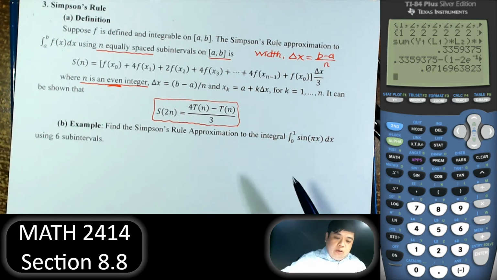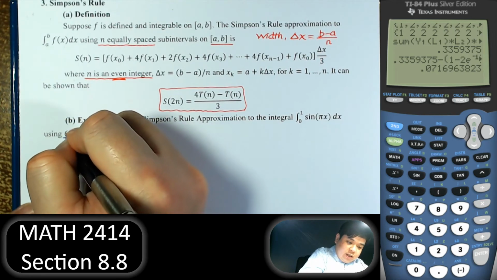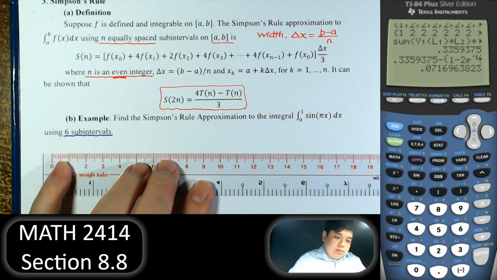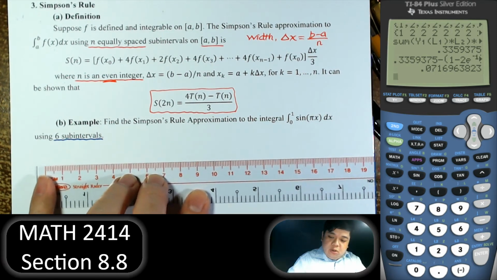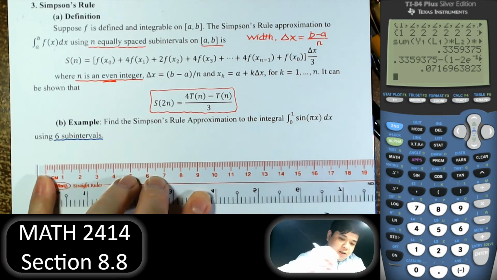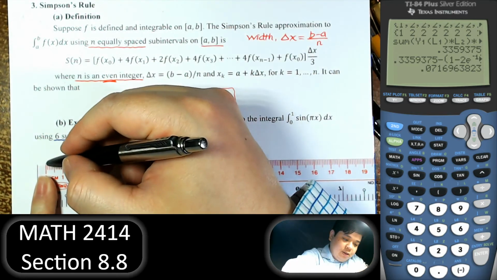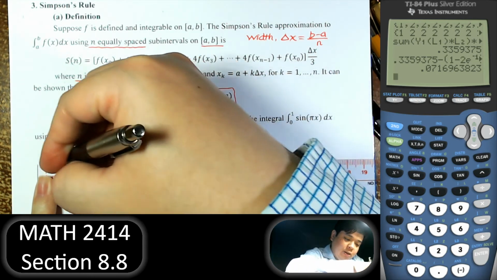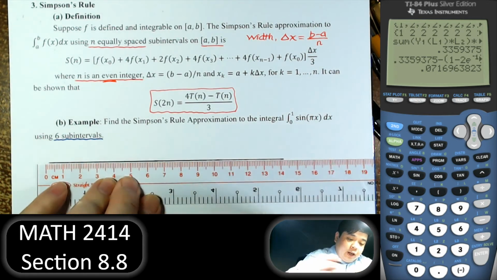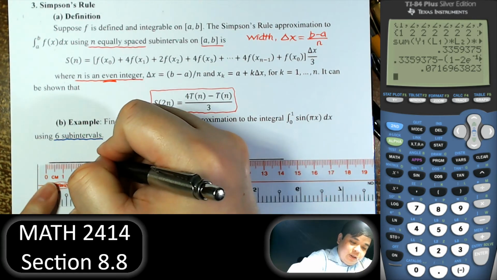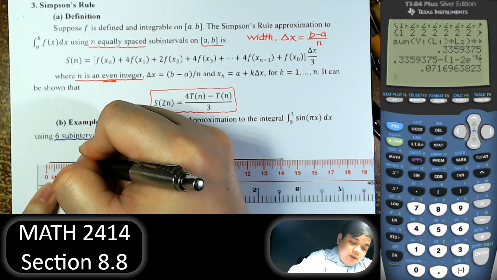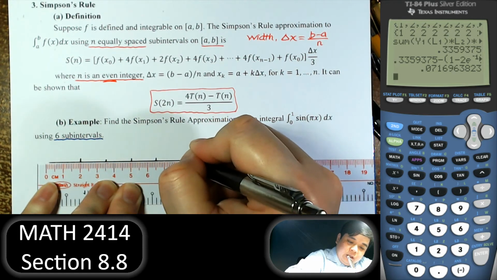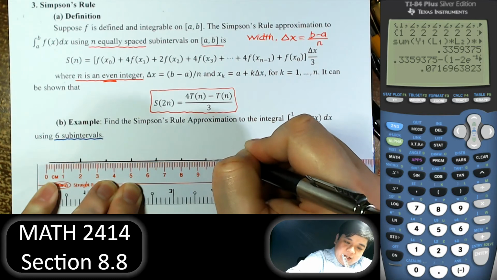In this example, we go from 0 to 1 with 6 subintervals: 1, 2, 3, 4, 5, and 6.